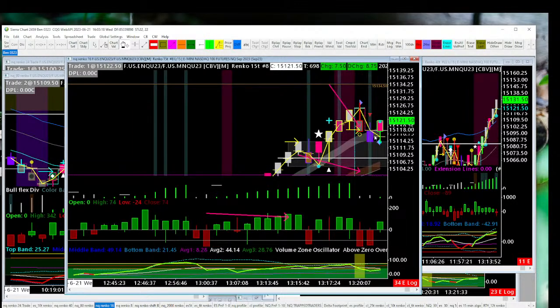So when you have that, and now we're fighting back, well, I don't want to be a seller. If I sold this, I don't want to be a seller anymore if they can't even take back or at least test this level where the VPOC was when the delta was so high to the upside.